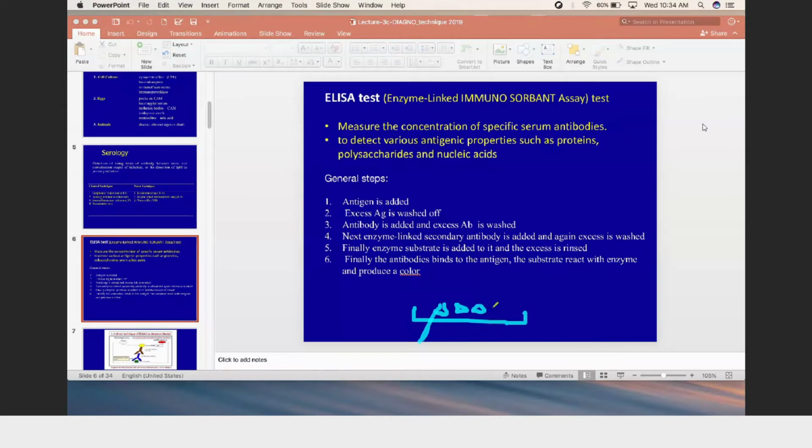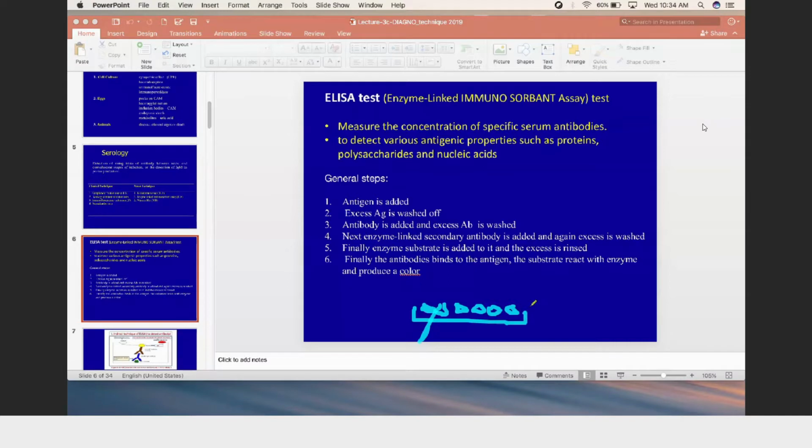You coat it, making sure the antigen is attached to the plate. Because you add antigen in the form of solution, sometimes you have extra antigen on top of it, then there is a washing step to remove whatever excess there. Excess means the extra protein that you would like to test.